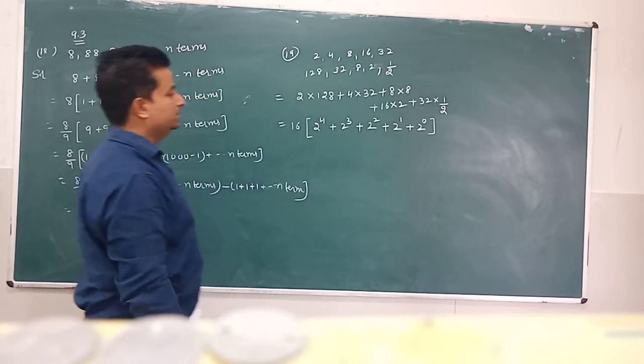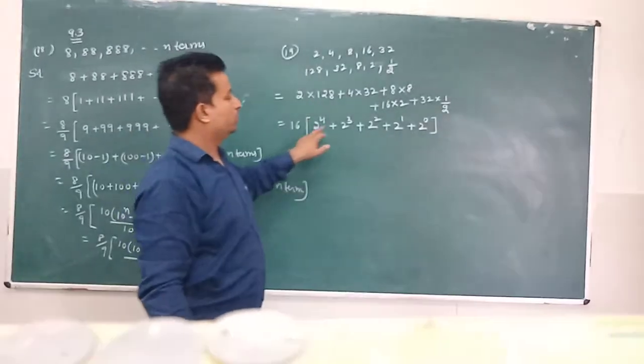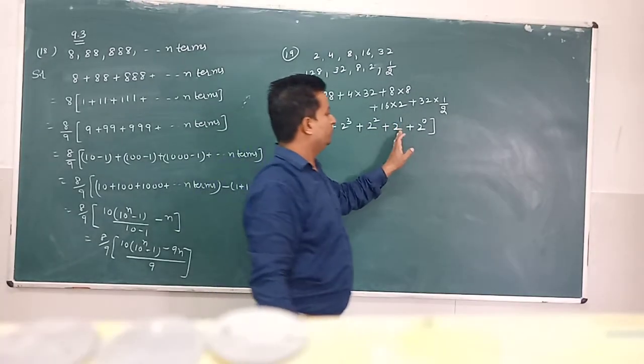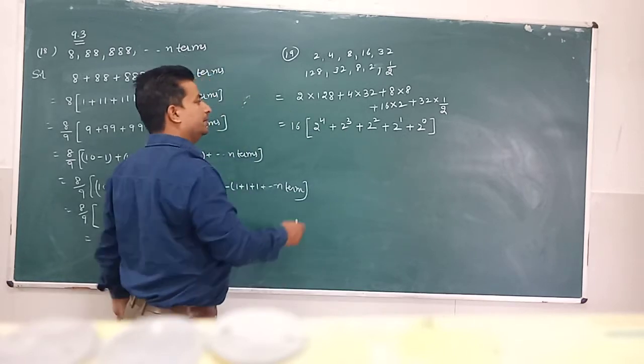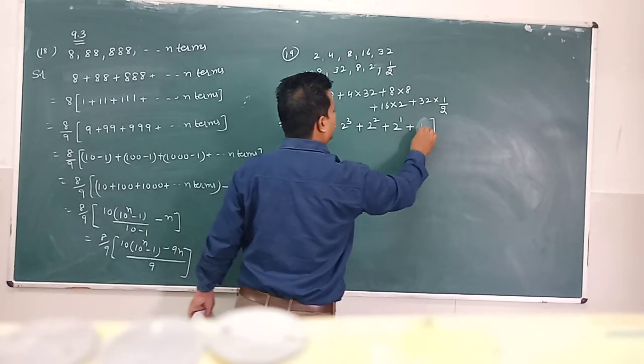This is the GP: 2 power 4, 2 power 3, 2 power 2, 2 power 1, and 2 power 0, which is 1.